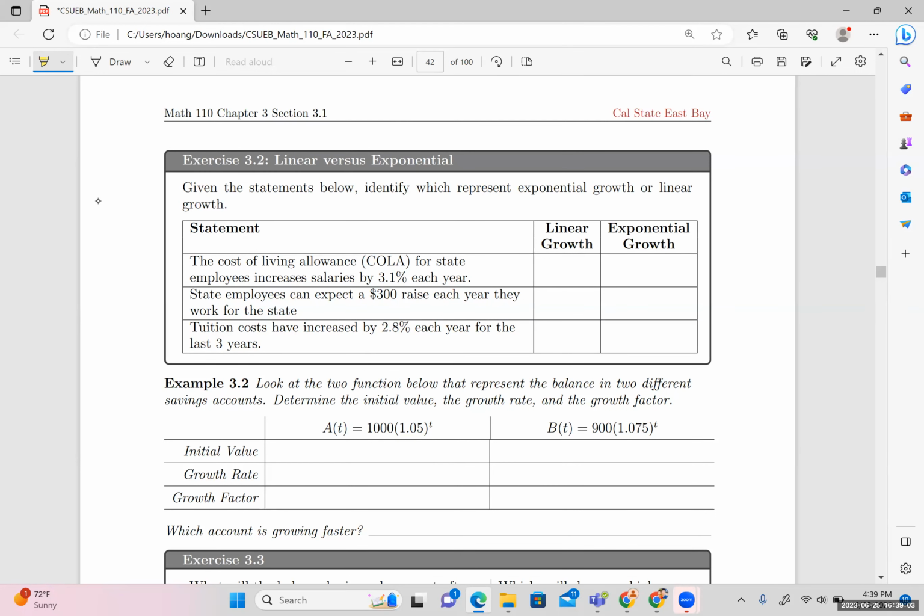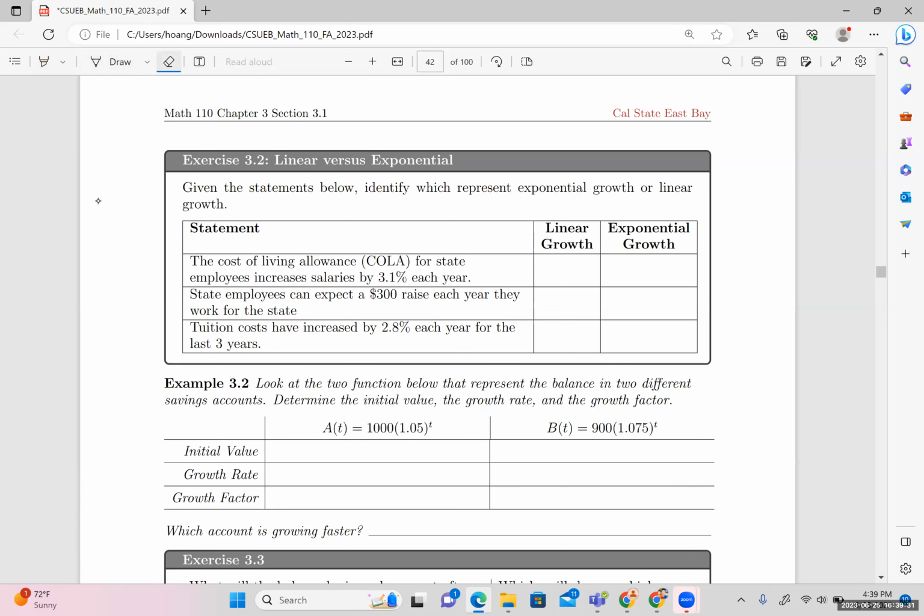Actually, think about the cost of living allowance. The shortcut way is COLA. For state employees, increase salaries by 3.1% each year.